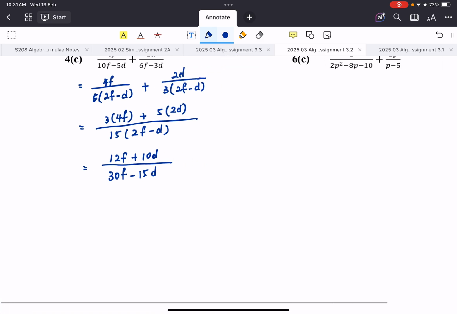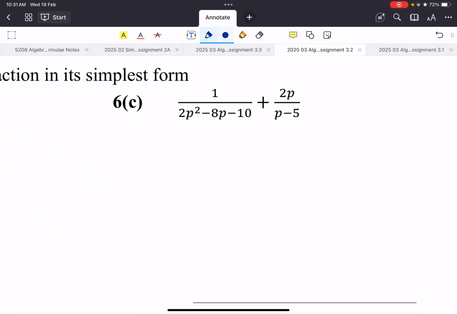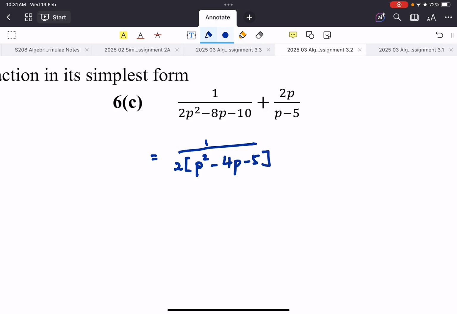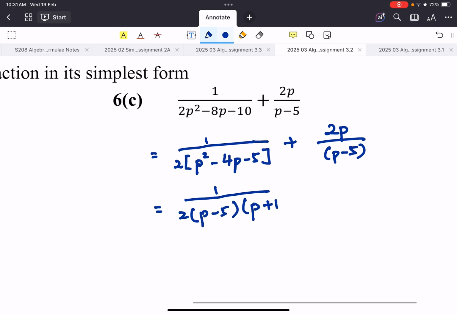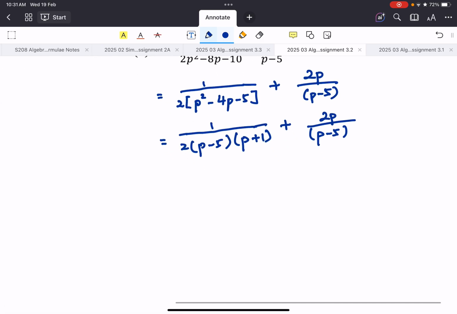Then we have two more examples. Let's take a look at this. In this case, again, I can try to simplify. We have 1 over 2p squared minus 4p minus 5... plus 2p over p minus 5. Factorizing, we have 2, then p minus 5, then p plus 1, plus 2p over p minus 5. What it means is that the term on the right, I need to multiply with 2 and with p plus 1.